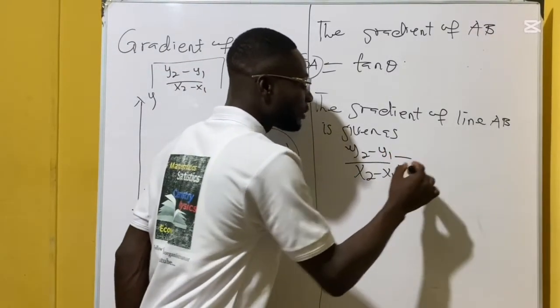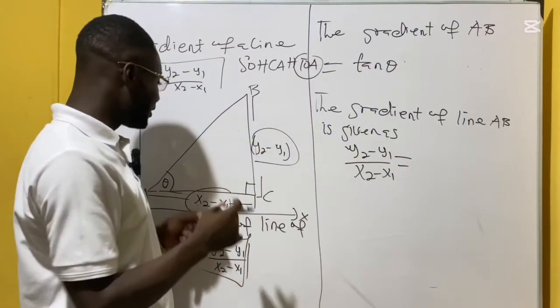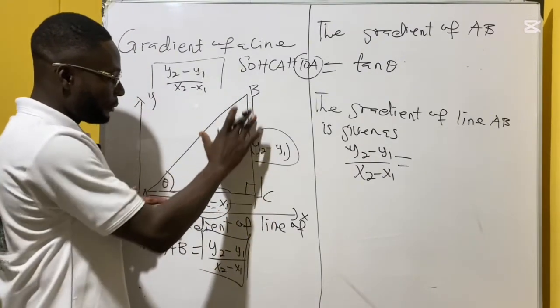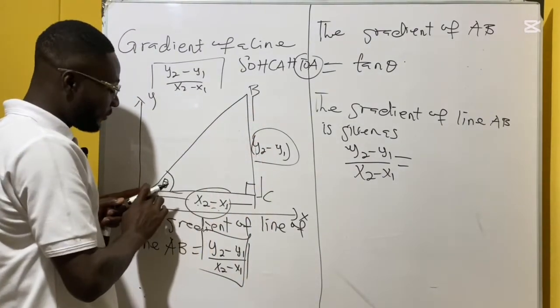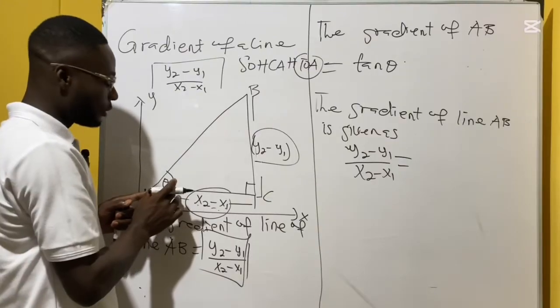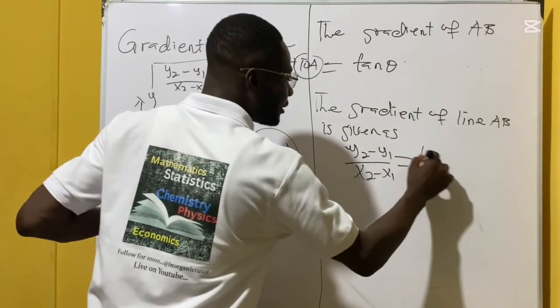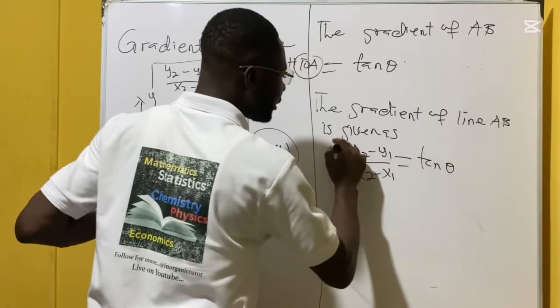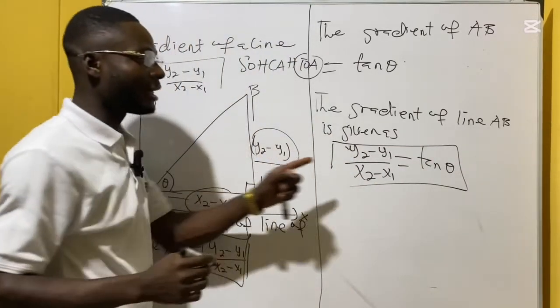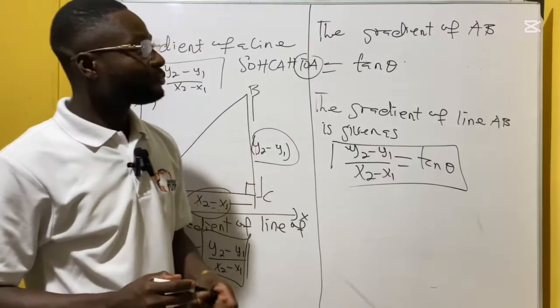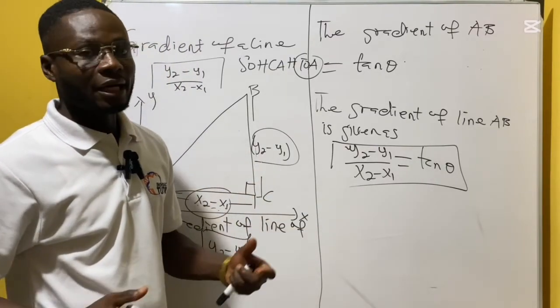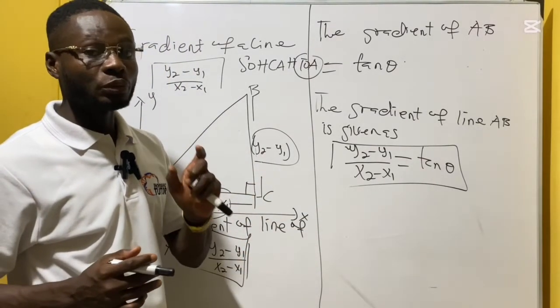And because of trigonometric identity, particularly focusing on the right angle triangle, this can be obtained as tan theta. So these are the formulas for the gradient of a line between 2 points.